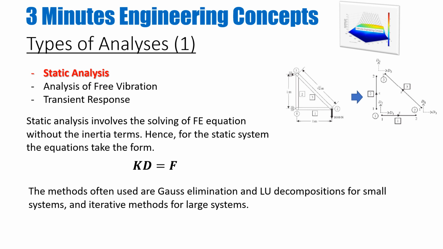So let's start with the static analysis first. Static analysis means our structure is fixed, as you see in the right hand side figure, and we have some kind of forces acting on my structure, so it will cause some kind of deformation. This means we don't have any inertia terms because we don't have any dynamic motion or rigid body motion in our structure.